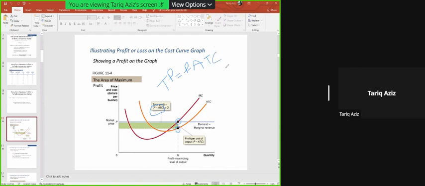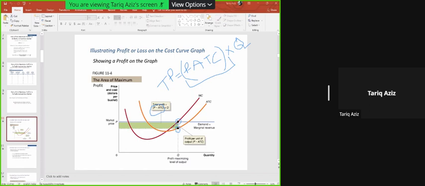If this portion is multiplied by Q, that will give us total profit. Q is the total quantity, the total output sold. This is per unit profit. If per unit profit is multiplied by the total units sold by the firm, that gives us the figure of total profit. So this green area denotes the area of profit.